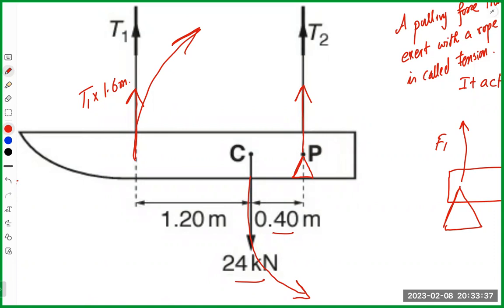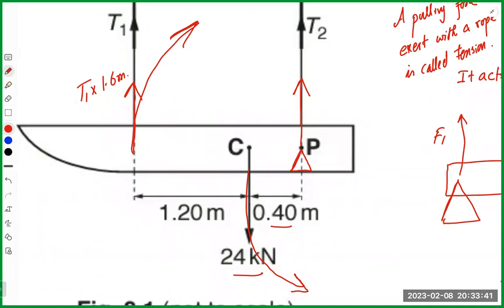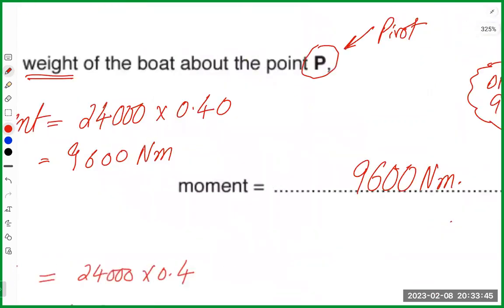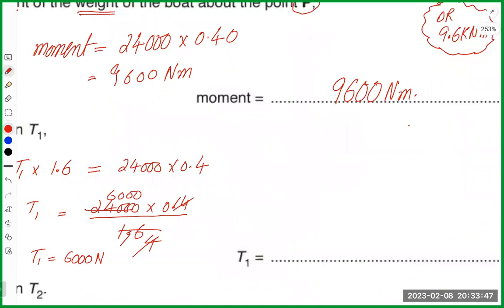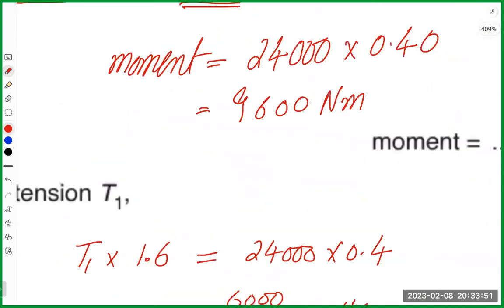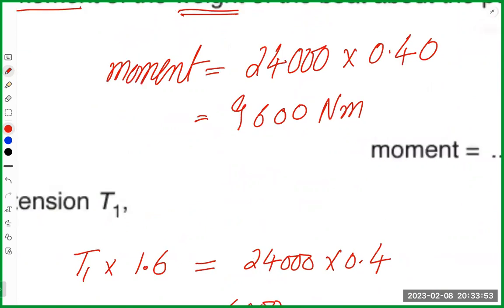So what did I do? I put them equal to one another. I hope you can see it. T1 multiplied by 1.6, which is the clockwise turning effect, is equal to 24,000 multiplied by 0.4, which is the anti-clockwise turning effect.